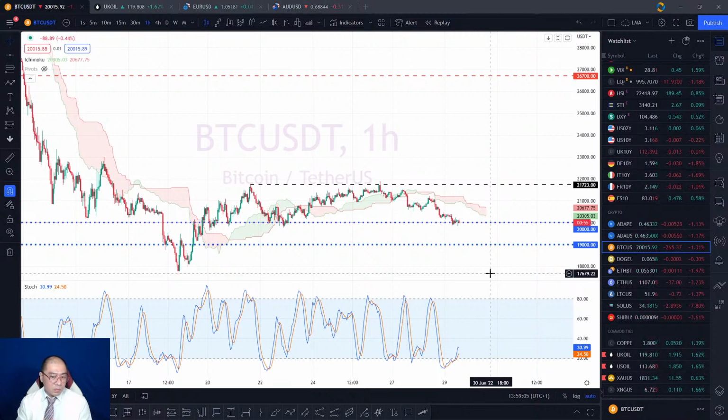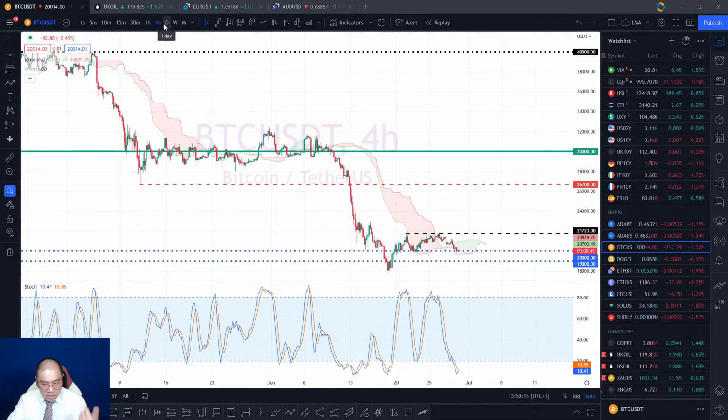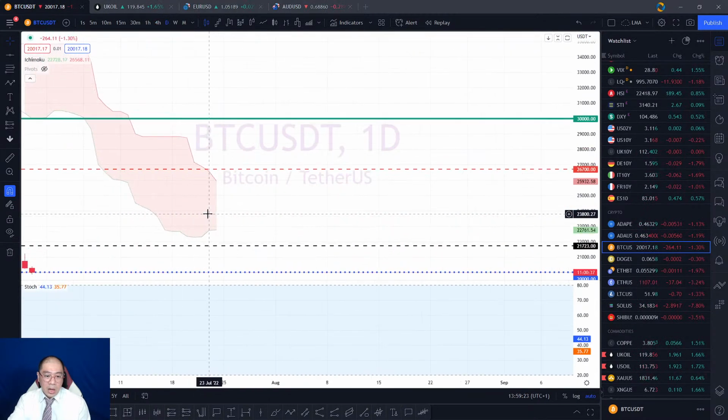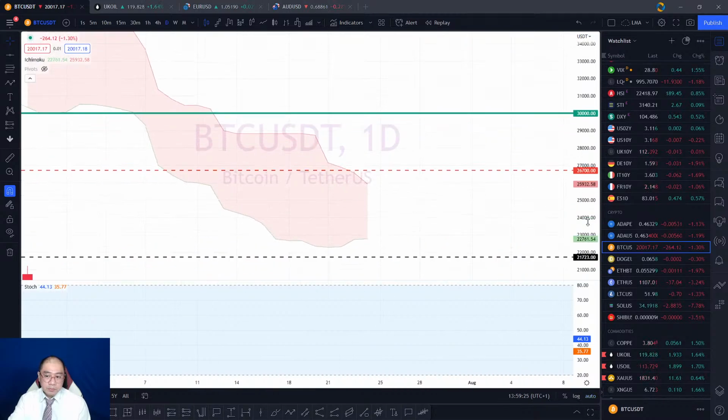I don't see the potential for this one to go to 18,000 at this point in time. Momentum still points to the upside on the hourly time frame as well as on the daily time frame. On the hourly, it's bouncing off the Ichimoku cloud, so there's a lot of support right now for Bitcoin at around 20,000.